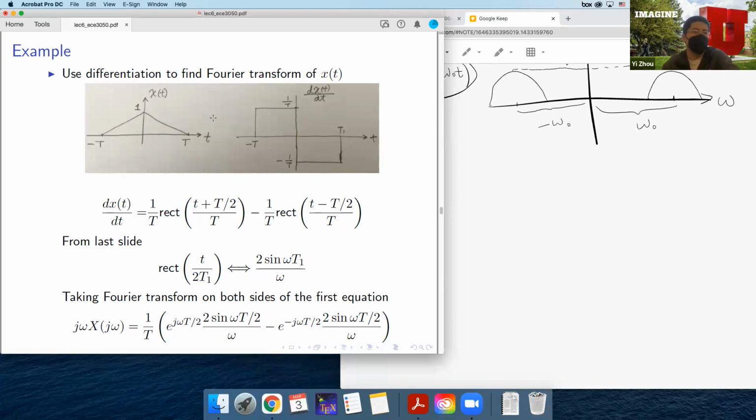Therefore, from this signal, we first conclude that the derivative is given by such a pair of rectangle signals. First of all, their amplitudes are scaled by 1/T, and then in order to generate these two rectangles, we need to move the center of the rectangles to the left and to the right correspondingly. But in the end, this is the mathematical expression.